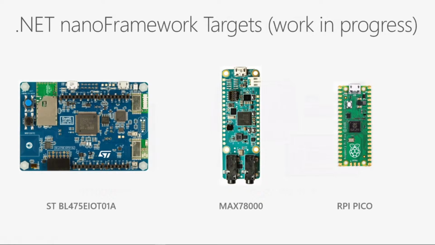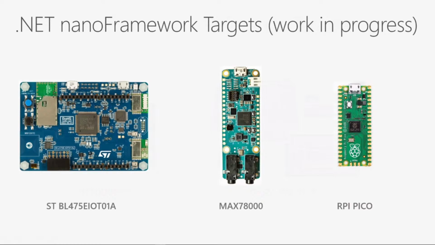It's one of the boards that is used on Azure RTOS as a demo system. It includes an STM32 L4 and a Wi-Fi module and a bunch of sensors that are available on the board around the MCU.